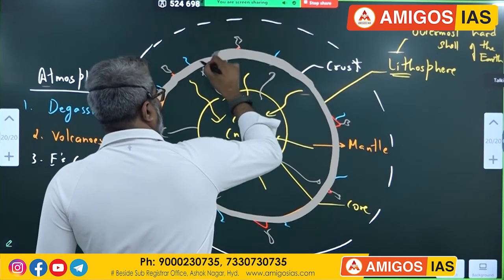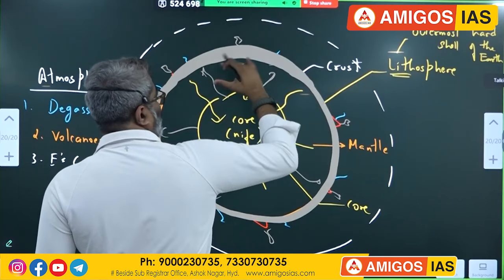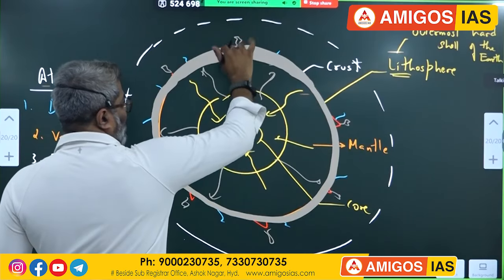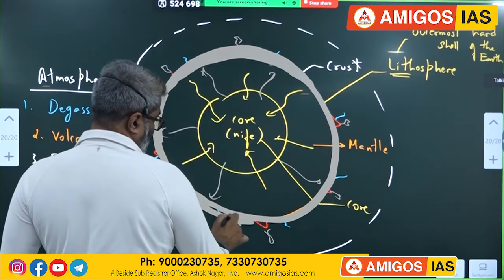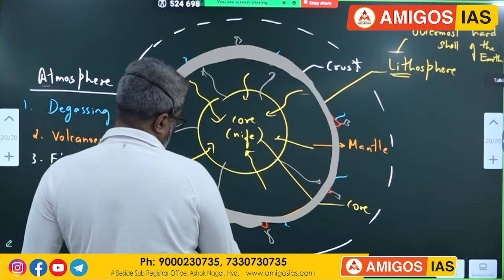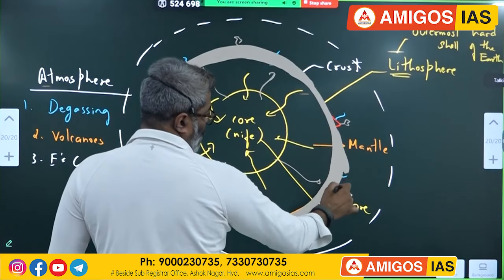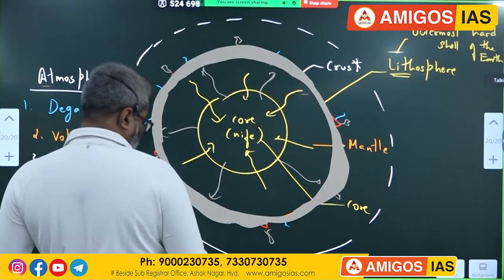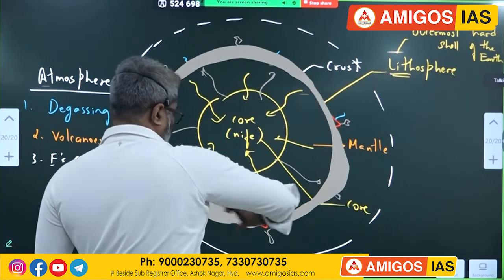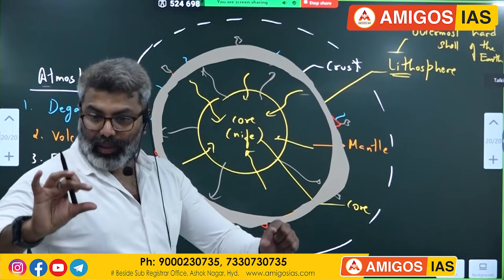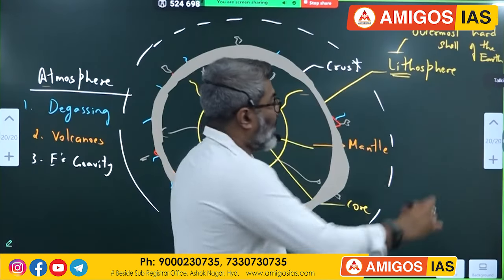Some places, wherever the volcanic activities were very large, where a lot of volcanoes have occurred, thickness is very high, crust thickness is very high. Like this. See, thickness is very high. So thickness of lithosphere changes here. Some places thicker, some places thinner. Like this.